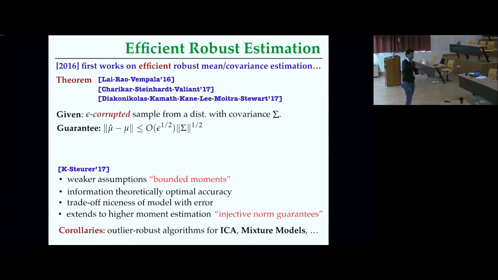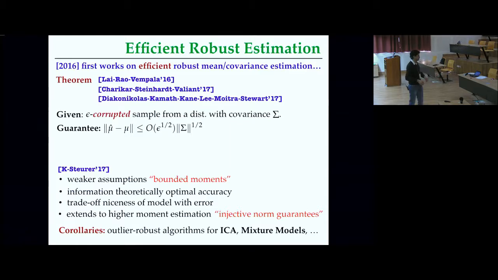Instead of giving you a theorem statement, which would require me to spend about 15 minutes, I'm just going to tell you that we can work with weaker assumptions, which means we can work with distributions where there is a way to quantify where you are in between an arbitrary distribution and Gaussian. For every one of those ways to quantify, you get some result, and it turns out that result is information theoretically optimal.